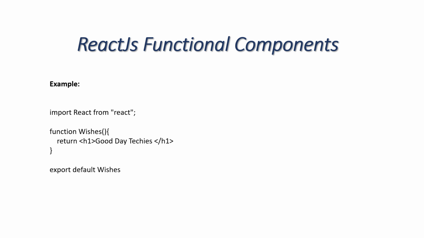Inside this function, I am returning an h1 element with the text message good day techies. So wherever we call it, this function will return the text good day techies in h1 format. So basically, we can create functional components in this way.